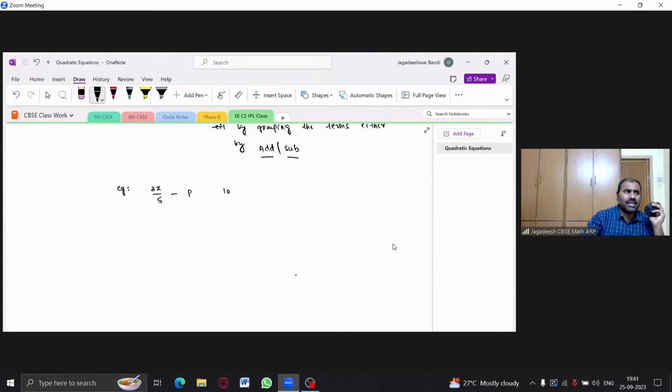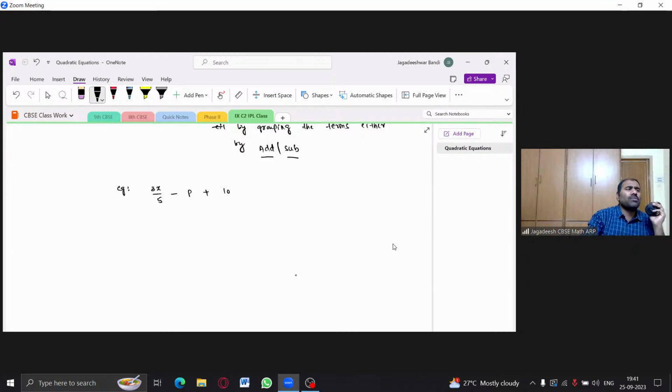So I'll go with subtraction and addition. So 3x by 5 minus p plus 10 is an algebraic expression. One algebraic expression. So how is an algebraic expression formed?